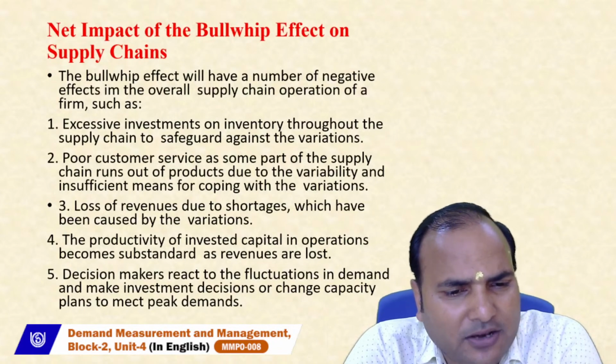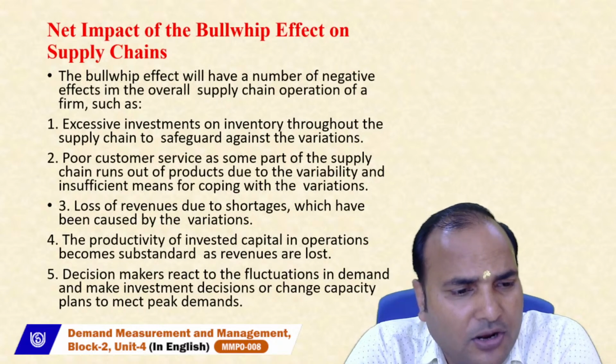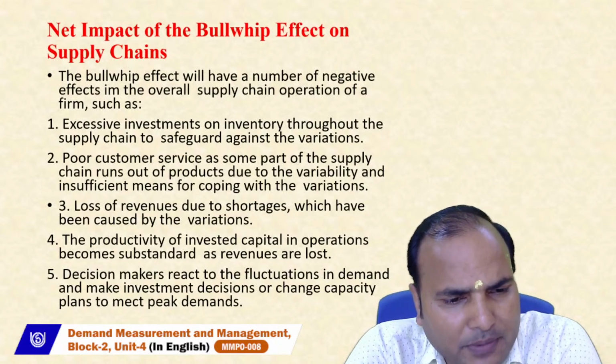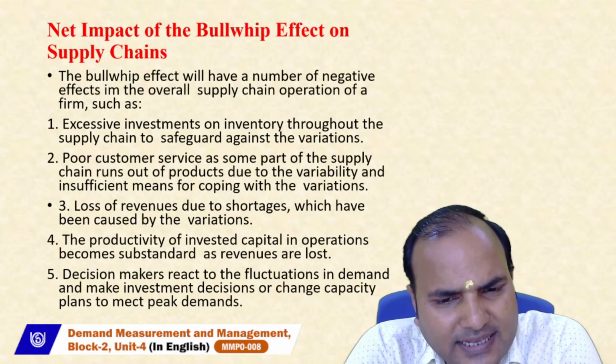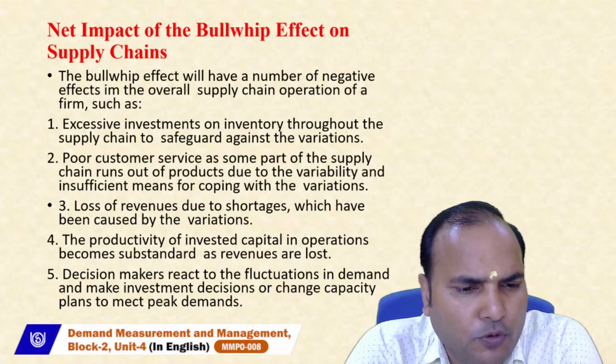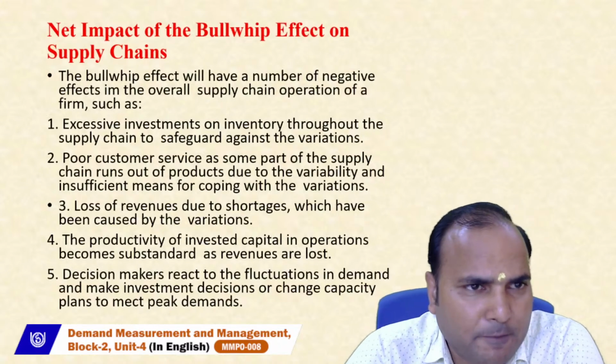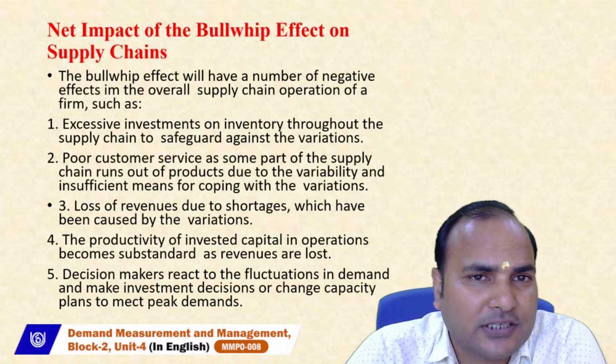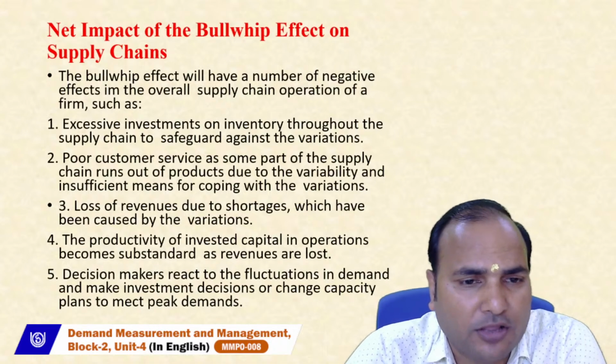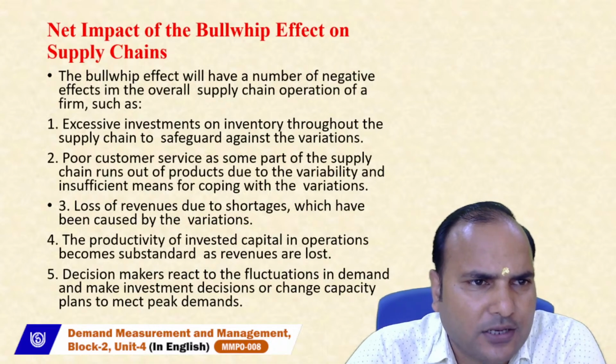Fifth is decision makers reacting to fluctuations in demand and making investment decisions or changing capacity plans to meet the peak demands. These are the impacts of the bullwhip effect on supply chains.